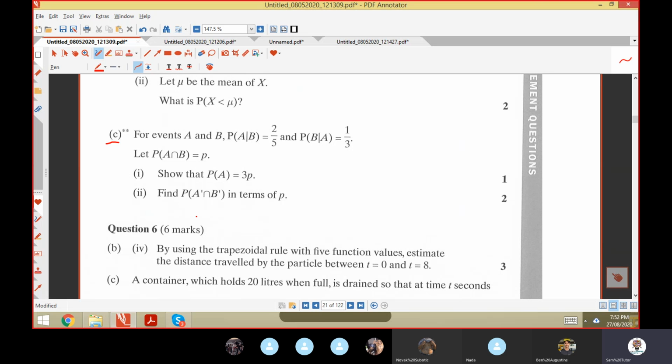Am I doing it for everyone or just one? I'll just write on one. The rest of us are still doing this one. Any ideas? This might be up there. Yeah. Probability of A conditional on B is probability of A and B on probability of B. Is that a straight line or a slit?